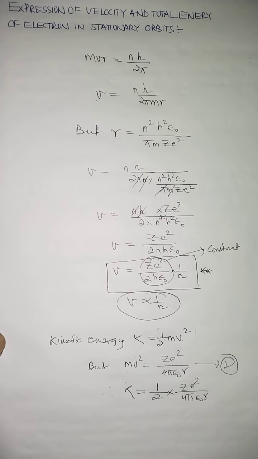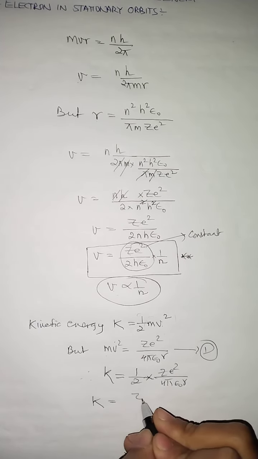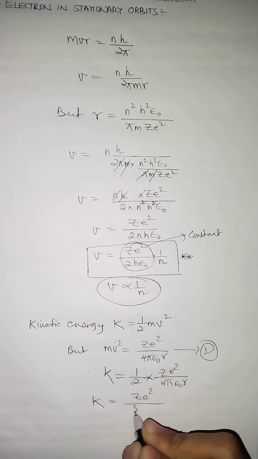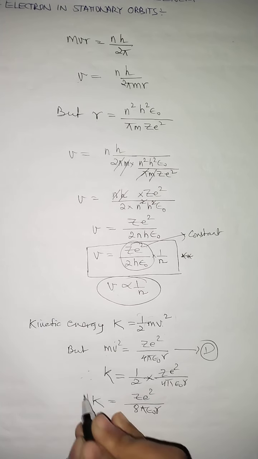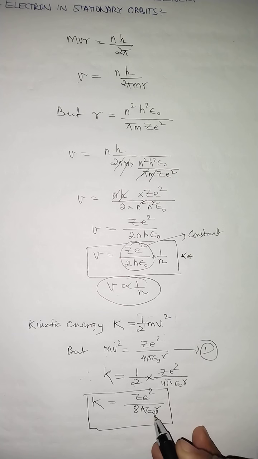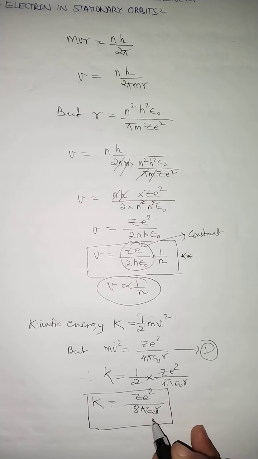We can even write this kinetic energy as Z square by 8 pi epsilon naught r. So the kinetic energy acquired by the electron in any orbit is K equals Z square by 8 pi epsilon naught r.